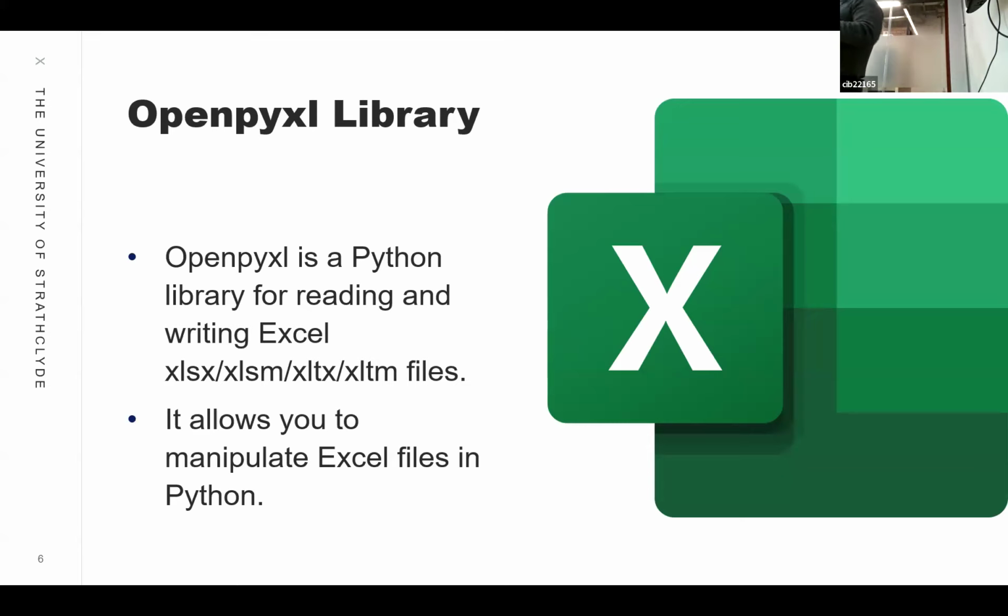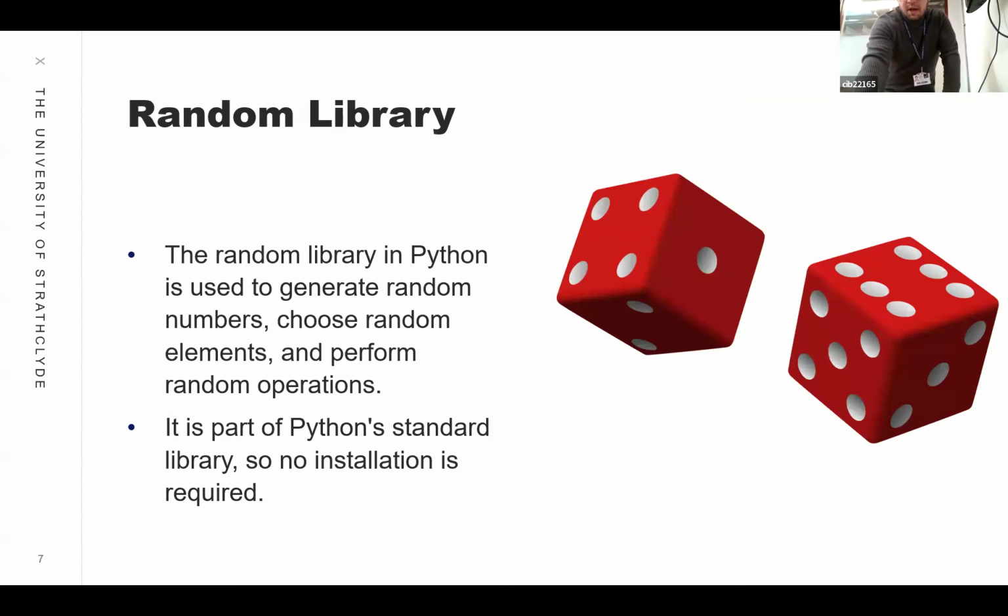If you would like to work in or modify Excel files, automate them in some way, this is the Python library to manipulate Excel data files. The OpenPyXL library is a Python library for reading and writing Excel XLSX files. So we are going to download this one, but before that, there is also another library.